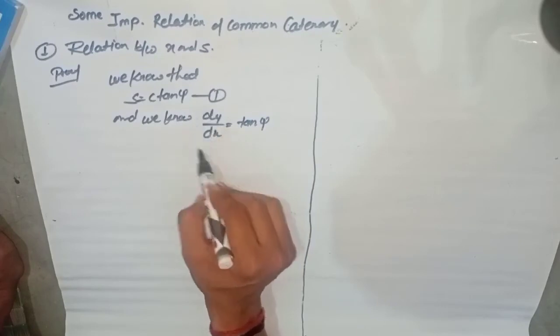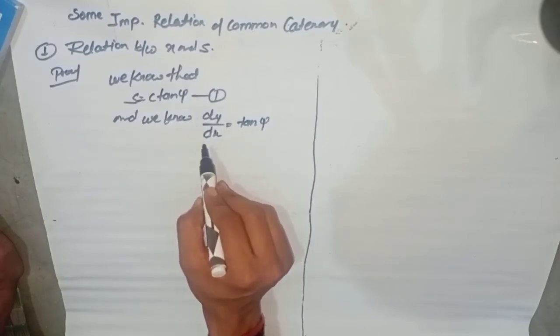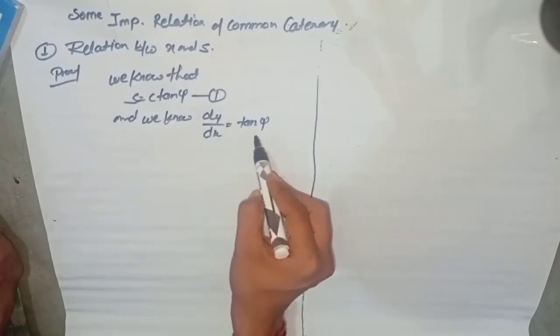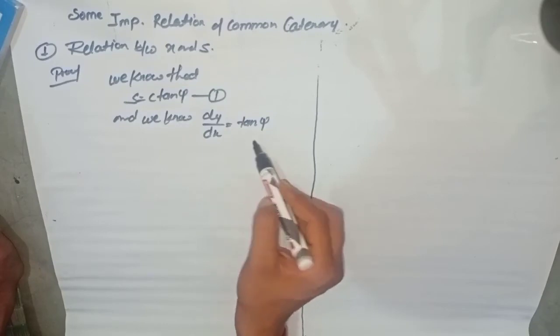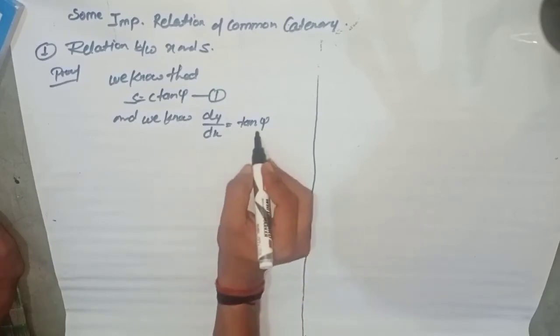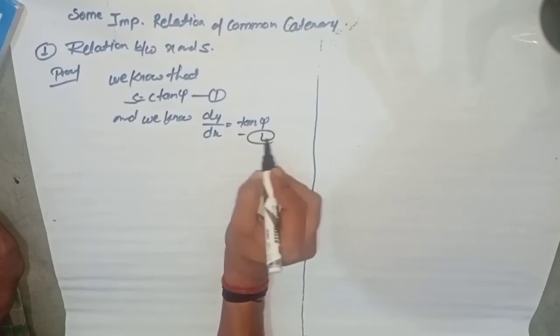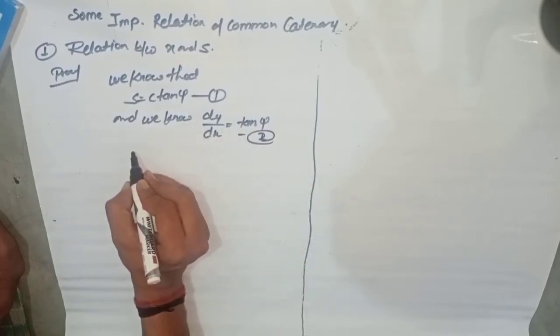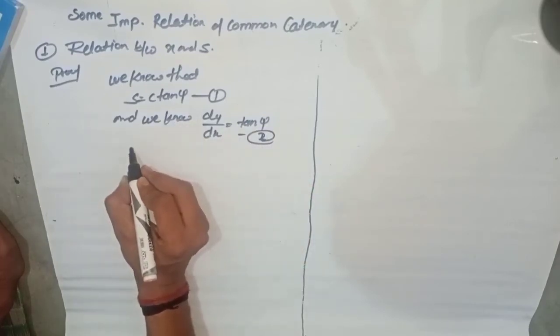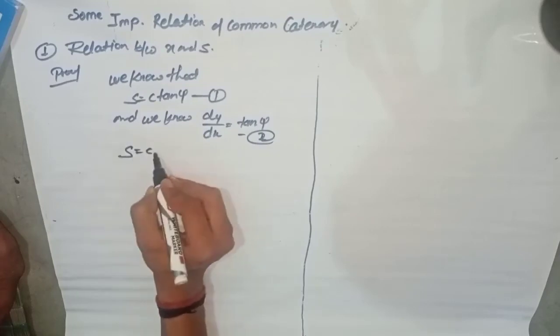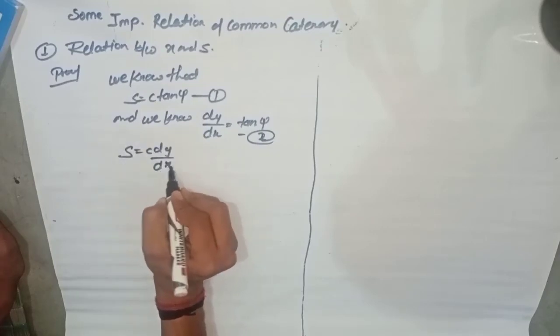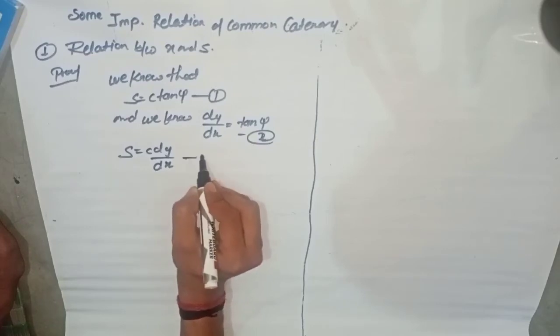This dy/dx represents the tangent or slope, and tan psi also represents a slope. Both are the same. Now with the help of equations 1 and 2, we get s equal to c dy/dx. This is equation 3.